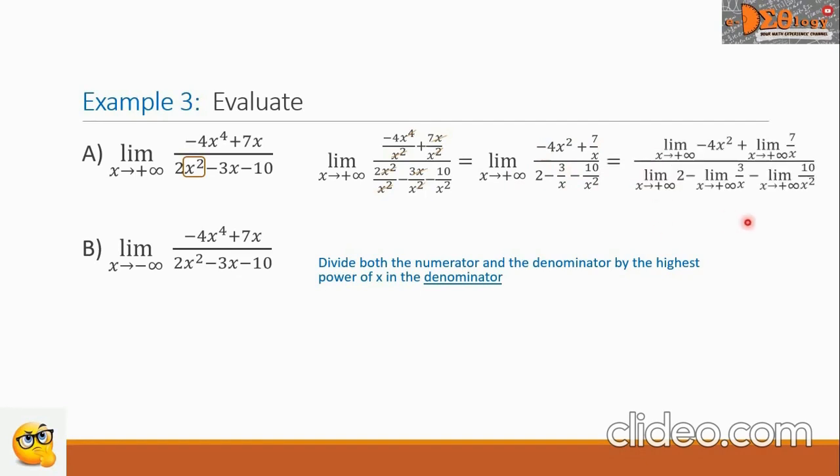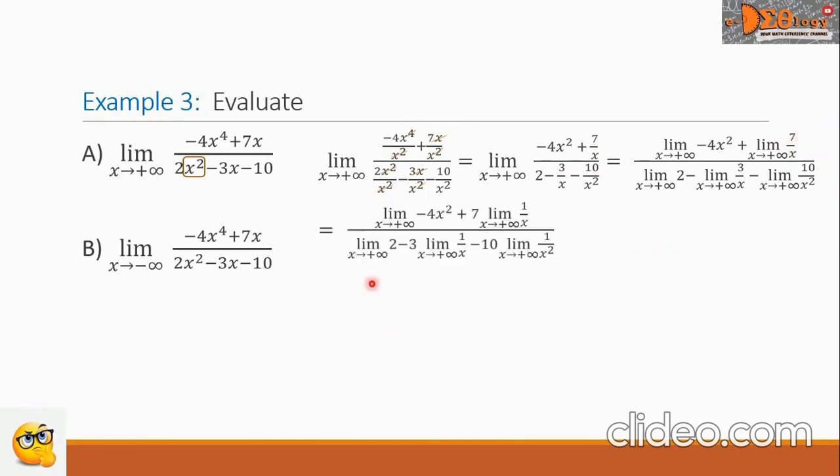So we have now this expression. We can observe also that some limits have constant in the numerator. So we're going to pull out those constants and then multiply by the limit of the function. So it will be like this.